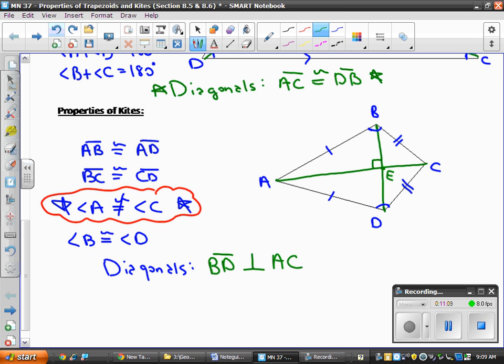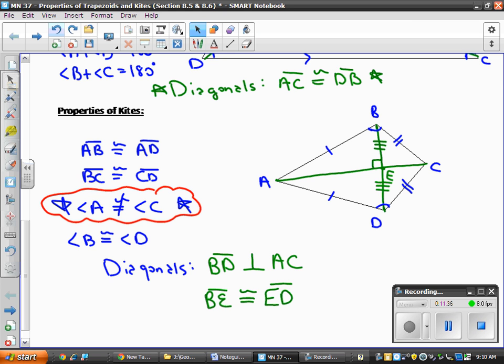Right triangles mean you're going to use the Pythagorean theorem or SOHCAHTOA to solve different things. I will also say that BE, oops, not BC, how many errors have I made today? BE is going to be congruent to ED.